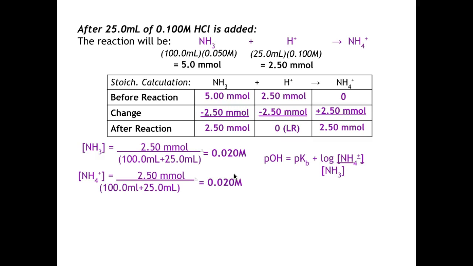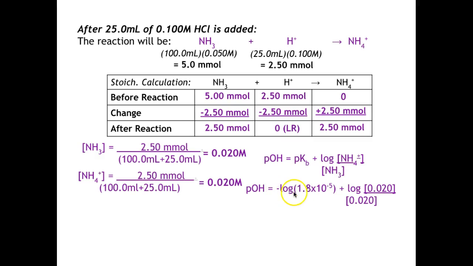Or the shortcut for that is we can use the Henderson-Hasselbalch equation for a base. So to do that, pOH is equal to pKb plus the log of our conjugate acid concentration over the concentration of our weak base. So we're going to plug in those values.